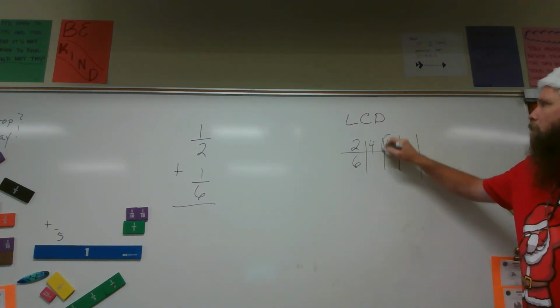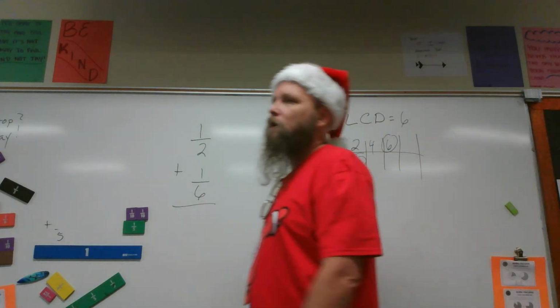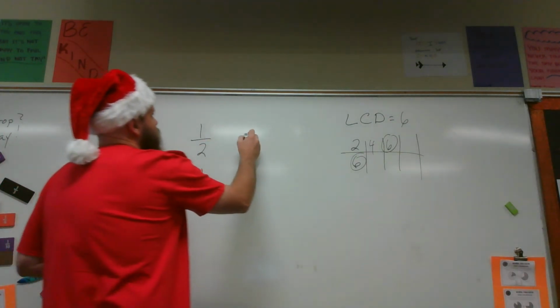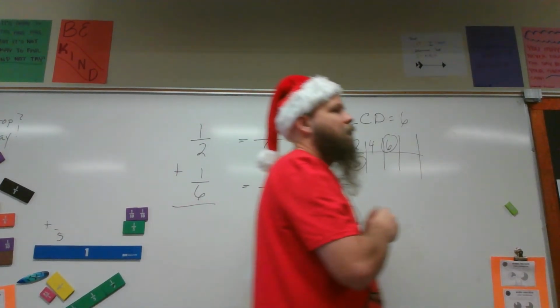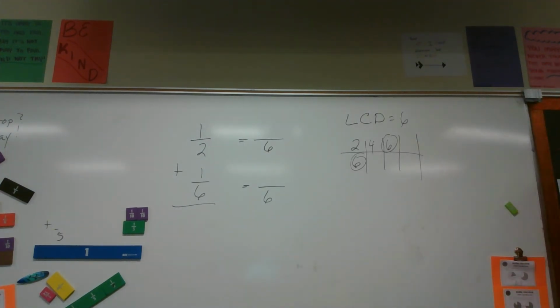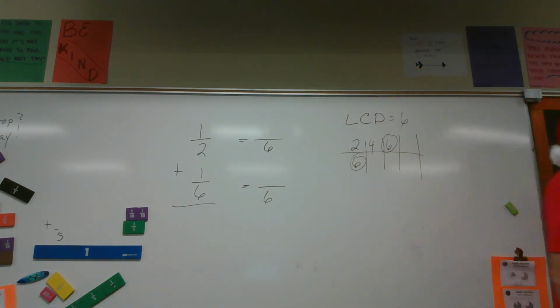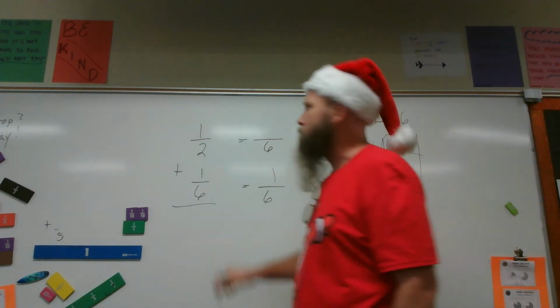If I take the smaller of my two denominators and see if the larger is a multiple of it, which 6 is a multiple of 2, this tells me I need to change them so that they're both over 6. My second addend already has a denominator of 6, so it's just going to stay 1/6.